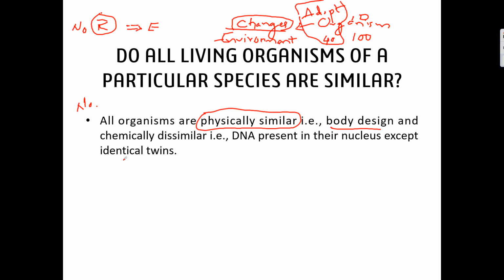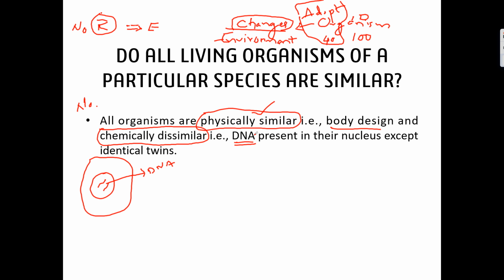But internally, inside the cells, there is a nucleus, and the nucleus contains the DNA. This DNA is different. That is what we call chemically dissimilar. Physically we are similar, meaning when we talk about the body design we look the same, but still we are different from each other because there is a difference in the DNA.